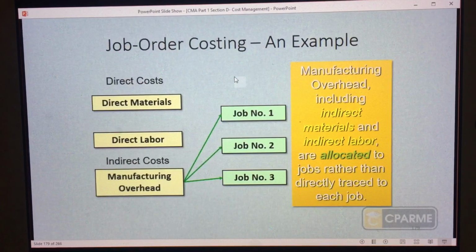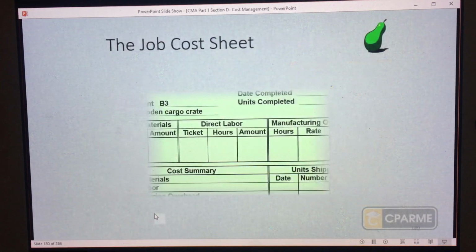For your indirect cost, the manufacturing overhead, we still allocate to job 1, 2, and 3 instead of directly tracing. They are allocated to the job instead of being directly traced to each of the jobs. That is one difference by job.